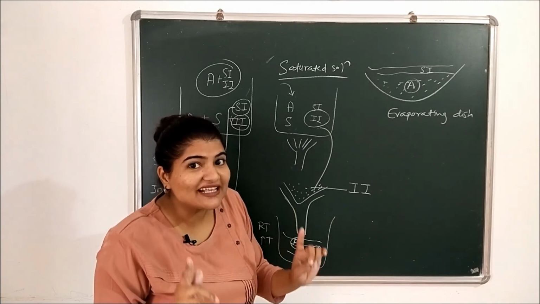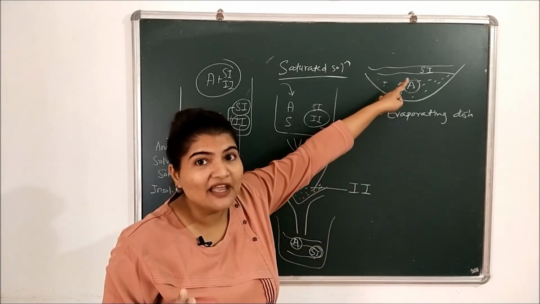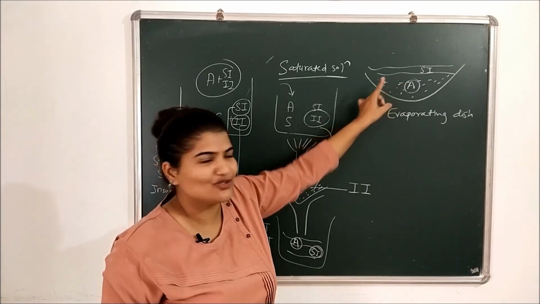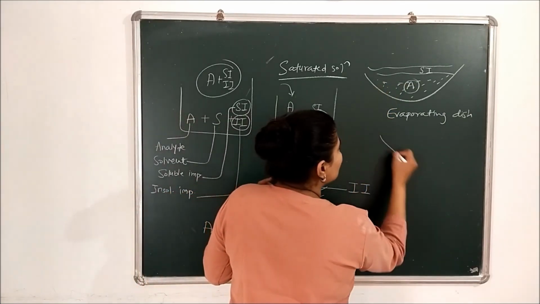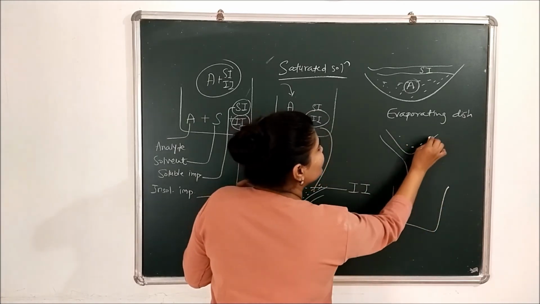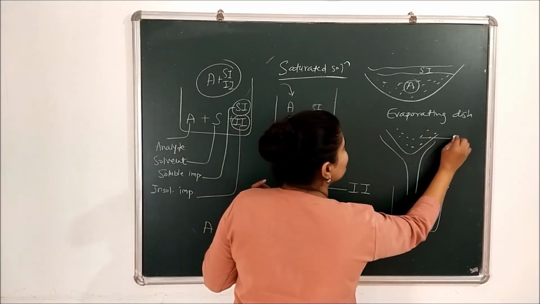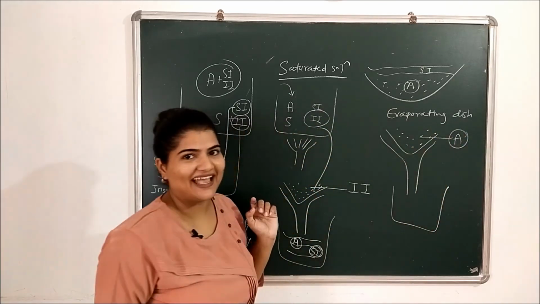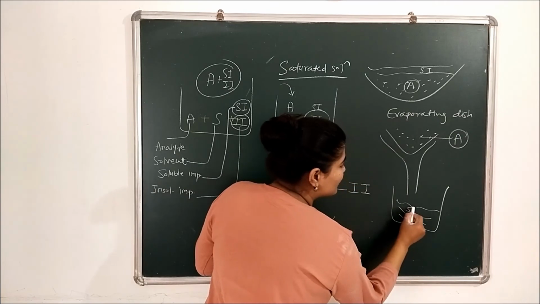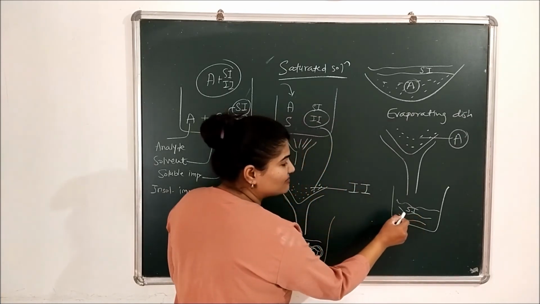So soluble impurities are still a part of the solvent, but your analyte has come out of the solution. Now we can again use a filtration assembly, and on the filter paper this time we will retain pure crystals of A, which is our analyte, and the soluble impurities and solvent will come down.